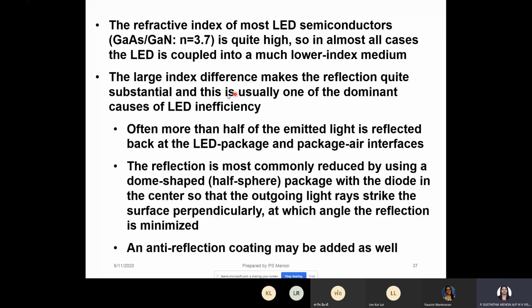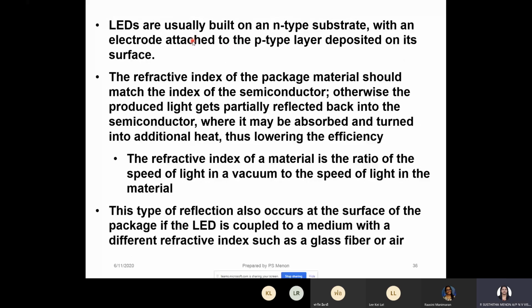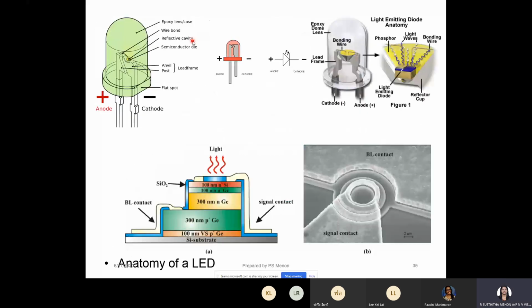So the reflection becomes substantial. That's why we say LED is quite inefficient, because of the mismatch of the refractive index. The index is very high, 3.7, and the material outside is phosphor or whatever, where the refractive index is low. So a lot of reflection can happen and the efficiency becomes low.